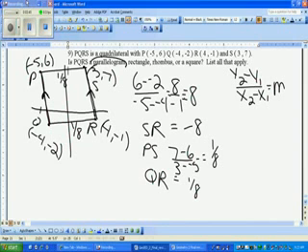Okay. Next thing is we look at the consecutive angles, like these two angles, the two that are consecutive. If you take a look at the slopes of consecutive sides, if these two slopes form right angles, then their product is -1.